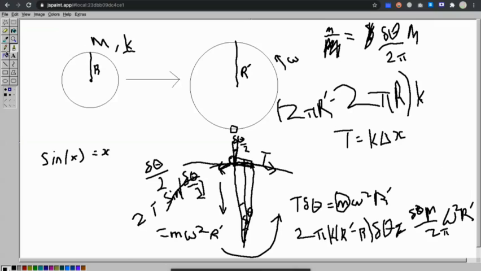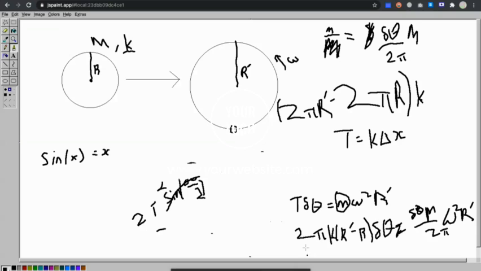So let me just quickly erase some of this. Okay, so now we have this equation and we can solve. So let's expand the left side. So then we get 2 pi k times r prime minus 2 pi k times r.